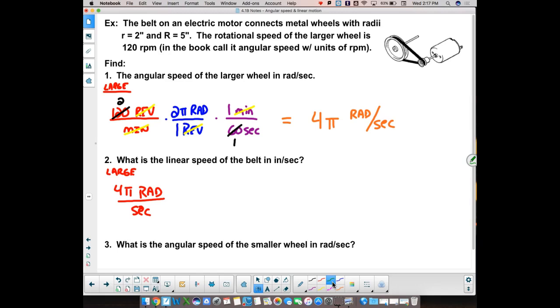So that's going to be 1 radian is 5 inches.